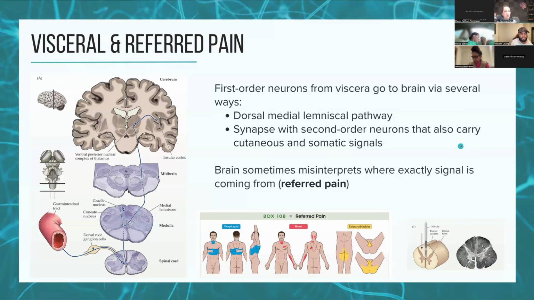I want to briefly go on a tangent and talk about referred pain, because I think referred pain is really interesting and a lot of us don't really understand why it occurs.